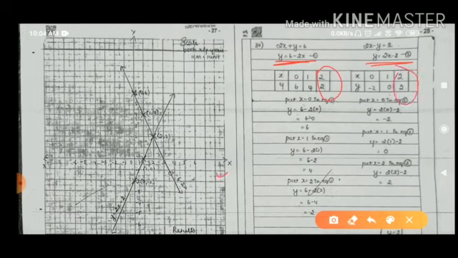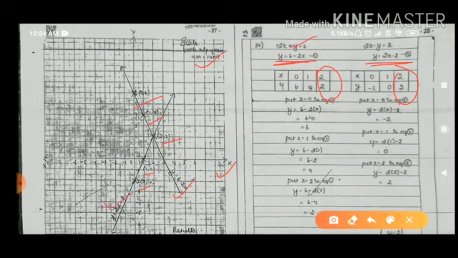Here also write the x-axis, y-axis and the scale. Write the scale and plot and mark each and every point. Please mark each and every point and write the names, the equations, for the lines. So this line represents y is equal to 6 minus 2x, or either you can write this, and this line represents the other equation.